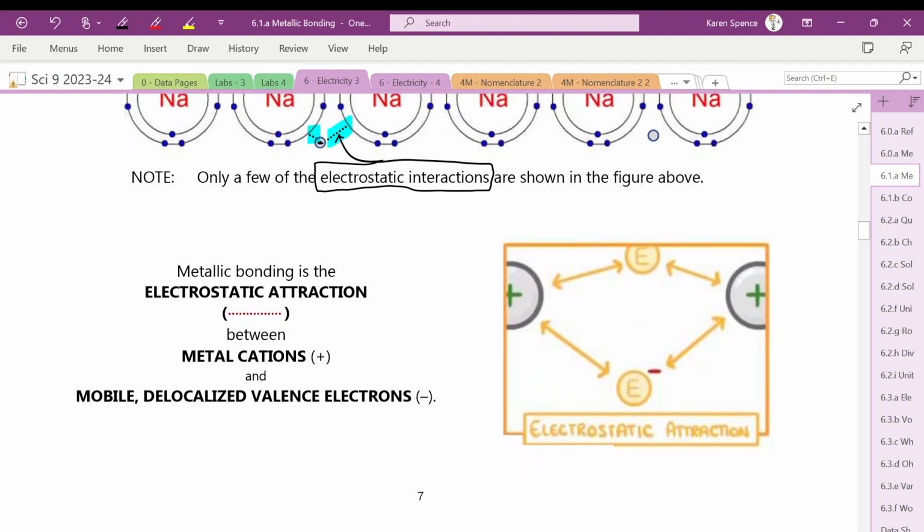So this is just really, really up close. Here we have our cation. Those are our cations. These are our valence electrons. And what we have is an attractive force between them.